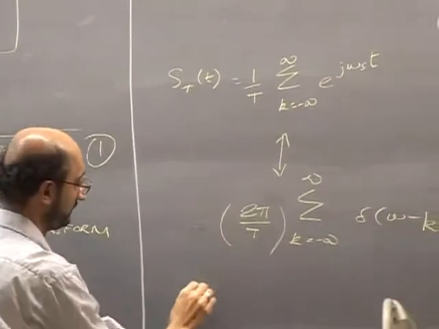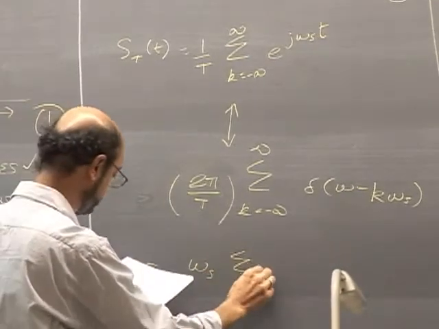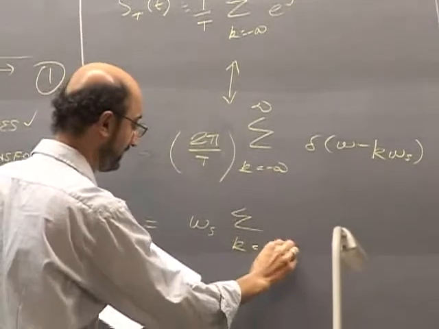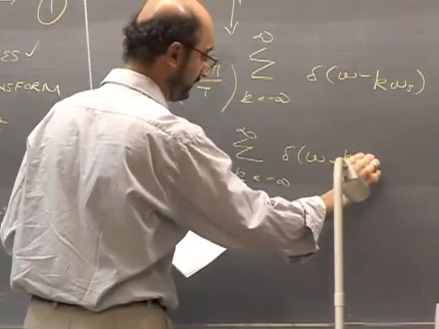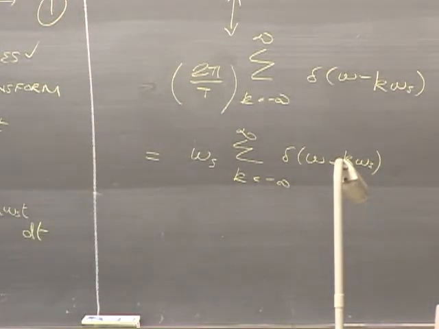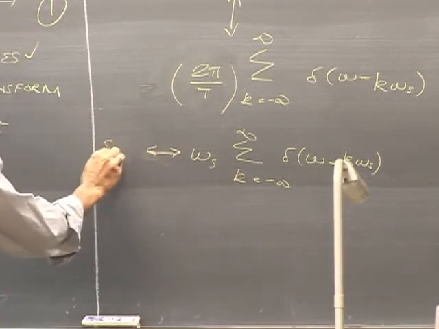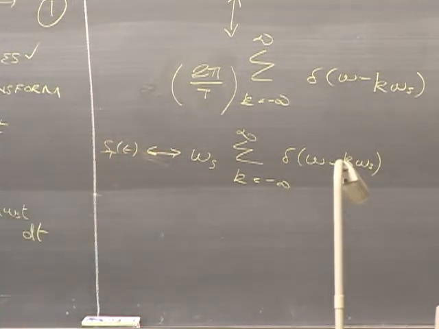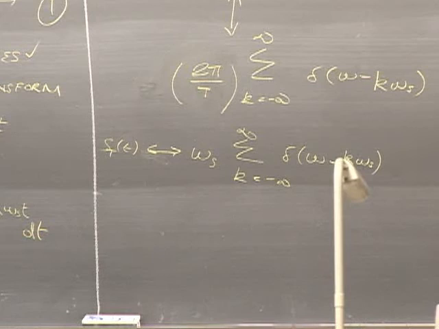So the transform is going to be equal to omega s, sigma k equals minus infinity to infinity, delta of omega minus k omega s. Okay, so we'll just write this like this. s of t corresponds to this, the Fourier transform. Okay, so we are slowly making progress.